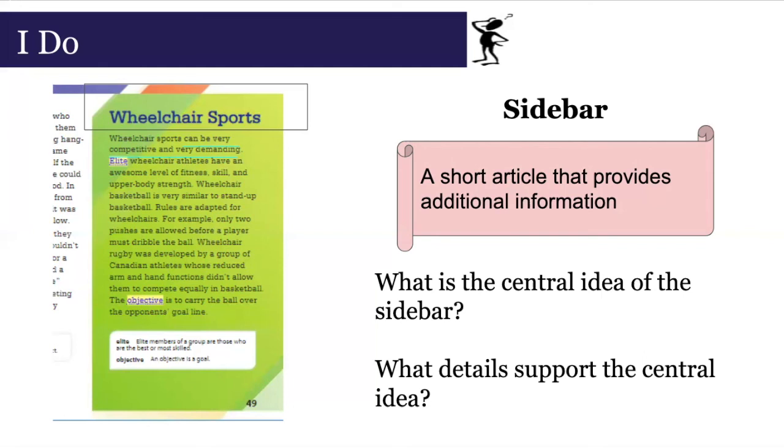Well, for starters, we read about how wheelchair basketball allows only 2 pushes before a player must dribble the ball. And wheelchair rugby, we read, was developed by a group of Canadian athletes whose reduced arm and hand functions didn't allow them to compete equally in basketball. Those details support our central idea that wheelchair sports can be both competitive and demanding.